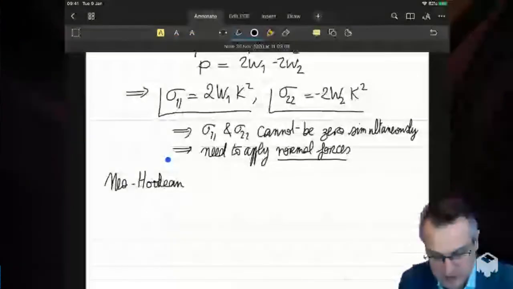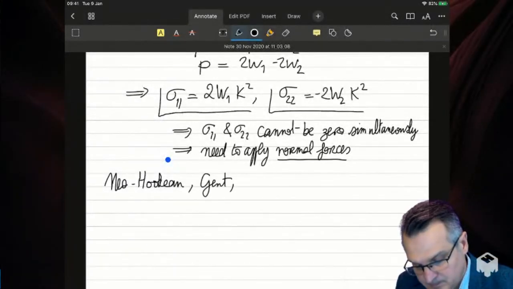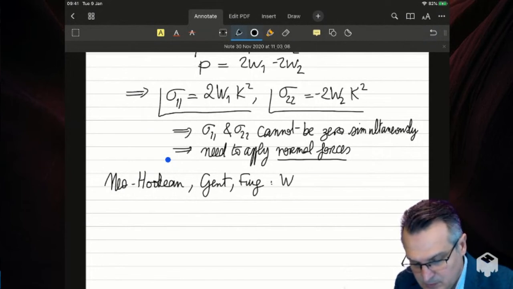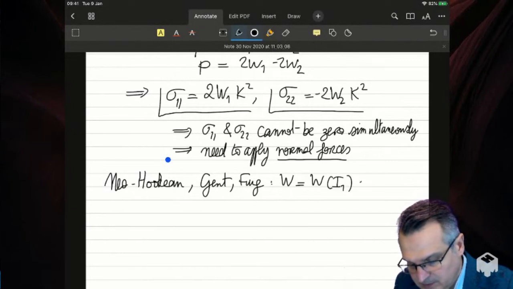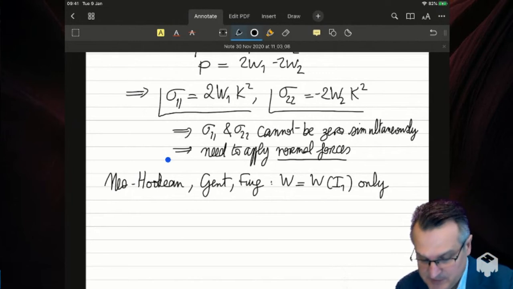So if W equals W of I1 only, then W2 is going to be 0.